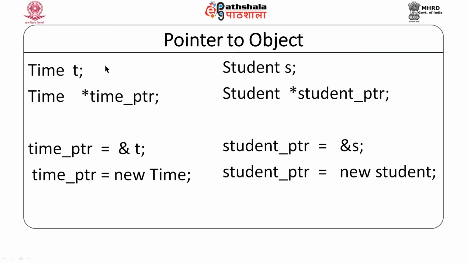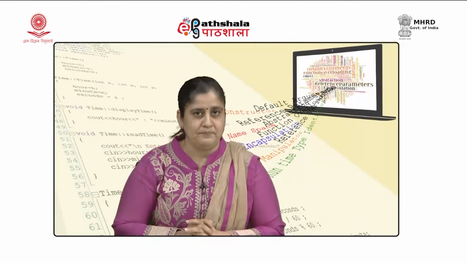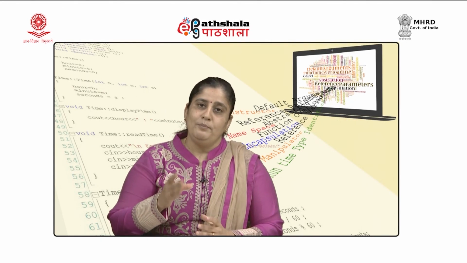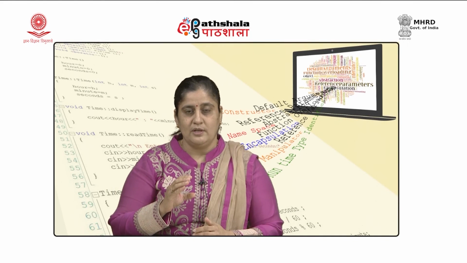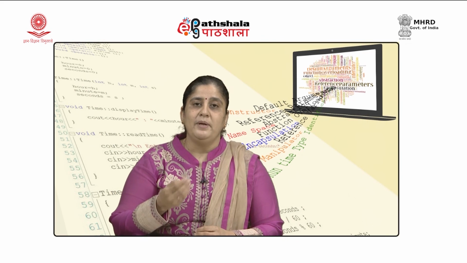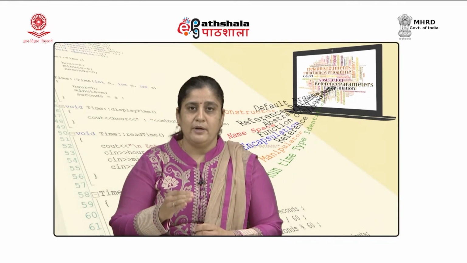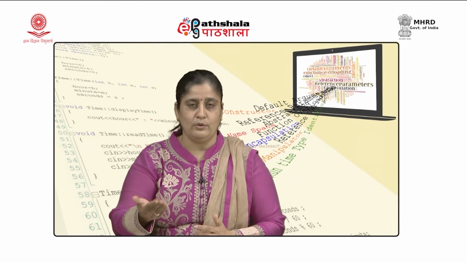Once I define a pointer to the time class, what can time PTR store? It can store the address of any object of class time. You may recall that pointers only store addresses. So, how much memory will be allocated to time PTR? It would be either 2 bytes or 4 bytes, depending on how many bytes are required to store an address on your machine.